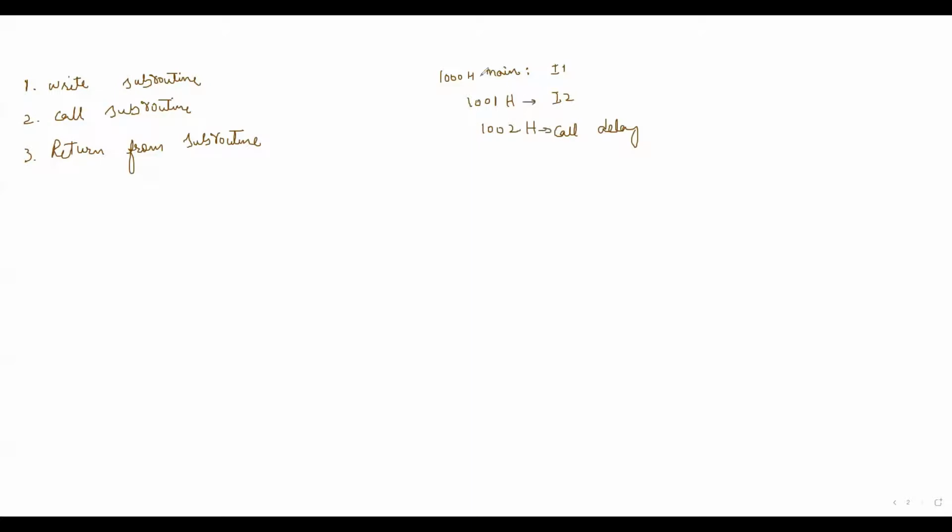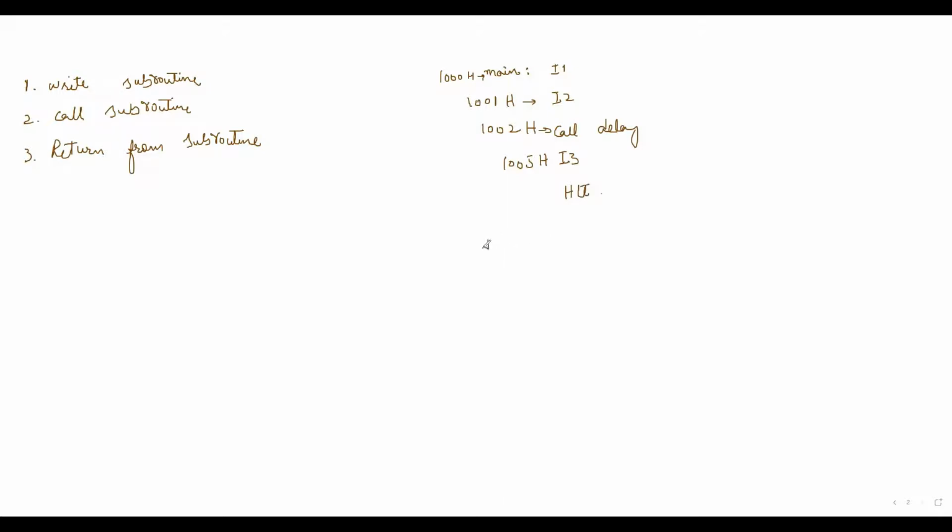Okay. Then we have, let's suppose, instruction 3. I will show that this call is a 3-byte instruction, so I3 will be 1005H. We will explain why this call instruction is a 3-byte instruction. So it is 1005H, I3. Then we have, let's suppose, halt. Okay.